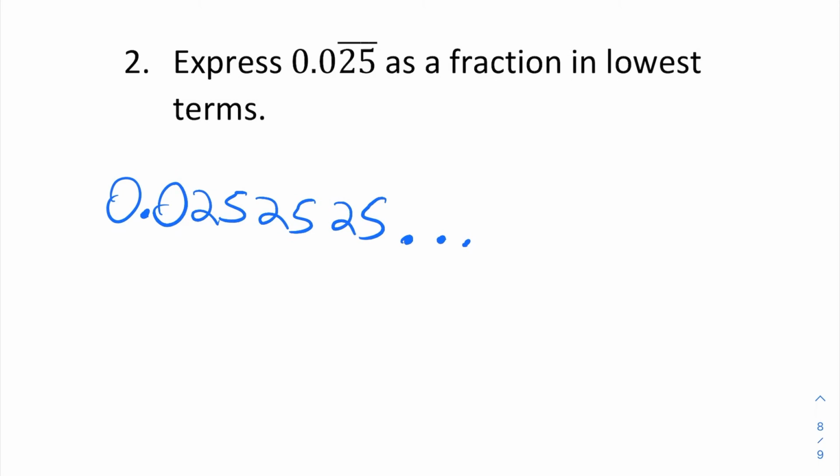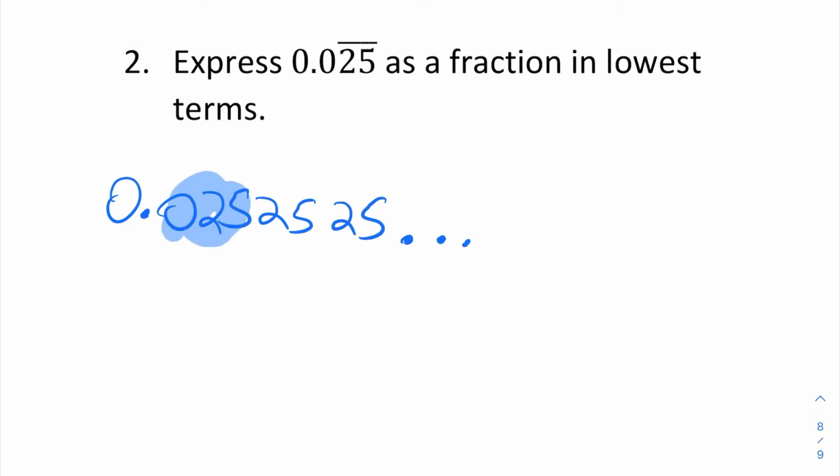Now let's write these as fractions. Let's take a look at just these first three terms and write them as a fraction.